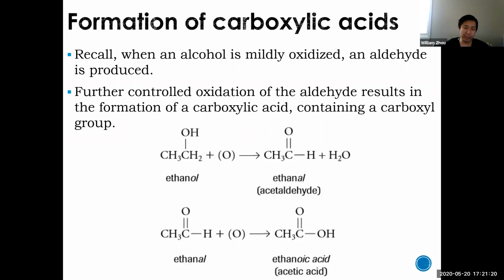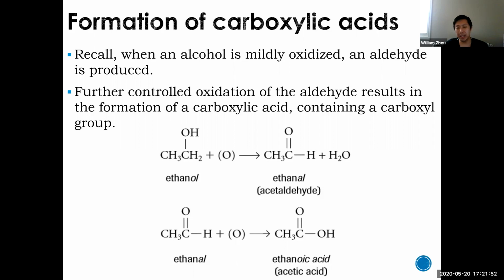If you use an oxidizing agent and you oxidize a primary alcohol, the oxidizing agent will rip away 2 hydrogens, one from the oxygen, one from the carbon with the oxygen, to make water. And then the carbon will be forced to make a double bond with the oxygen, forming an aldehyde. So that's the first equation there. But if you continue this reaction, if you further oxidize the aldehyde, you will make an acid.